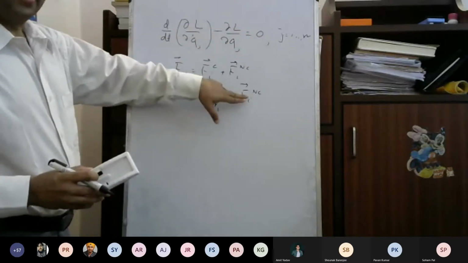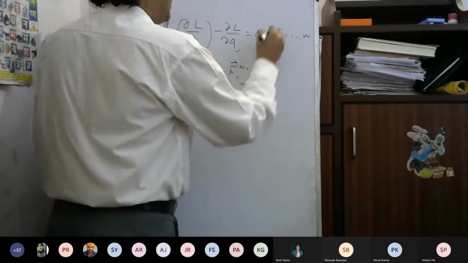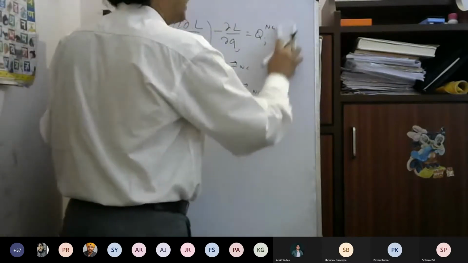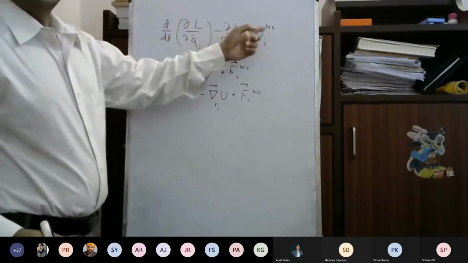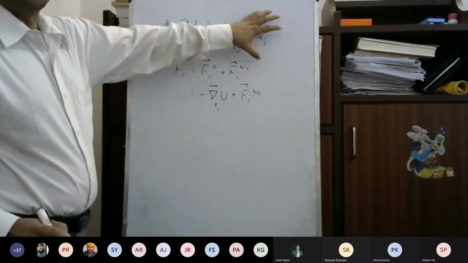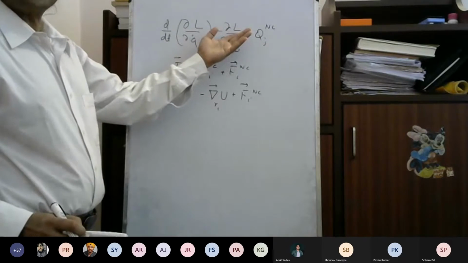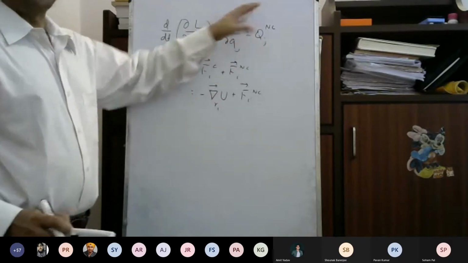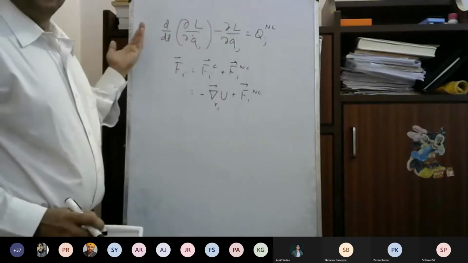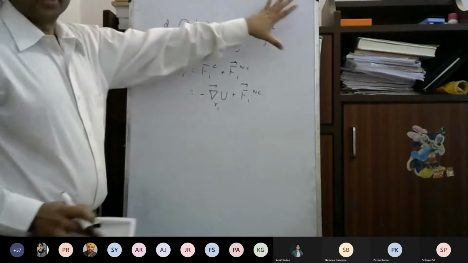And for the non-conservative part, on the right hand side we'll have Qj, which we call Qnj NC, that is to say that this generalized force is due to the non-conservative component of the force. So the conservative component will be taken inside the Lagrange equation as the Lagrangian, and the non-conservative force cannot be expressed in any such form, so it will be lying outside. So this will be the general form of the equation of motion.